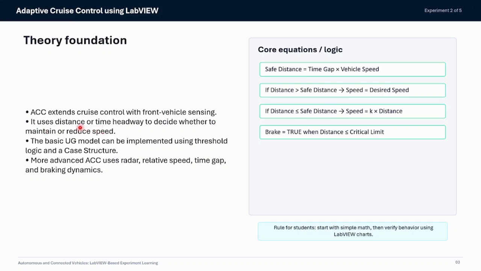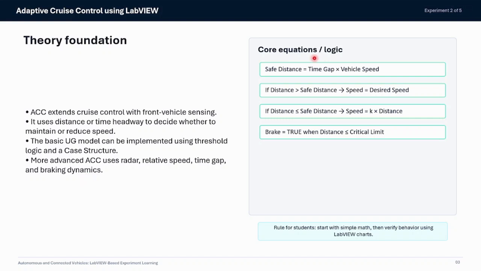This basic model can be implemented using threshold logic and a case structure. A more advanced cruise control would use radar, relative speed, time gap, and braking dynamics. Here in the LabVIEW model we just use a simple logic to understand how it works.